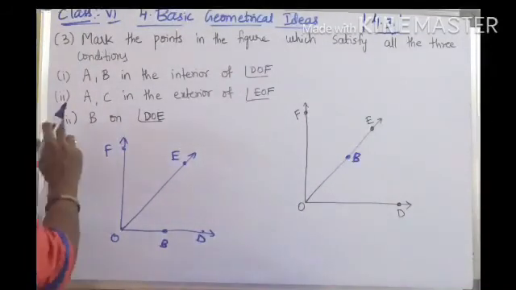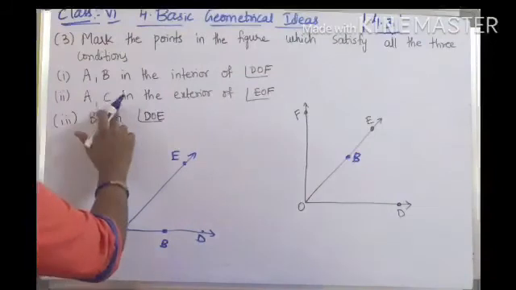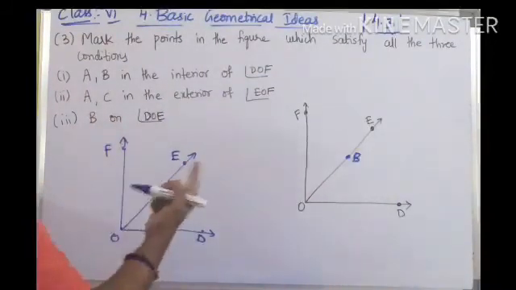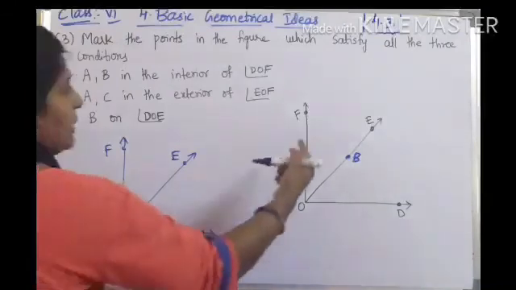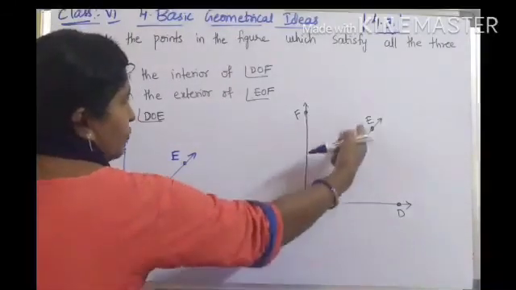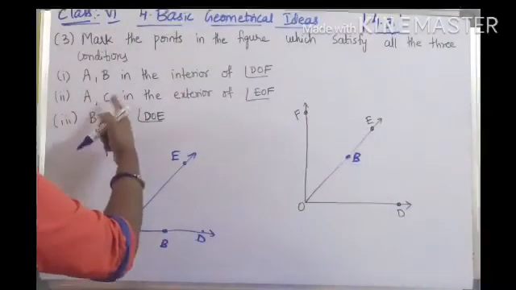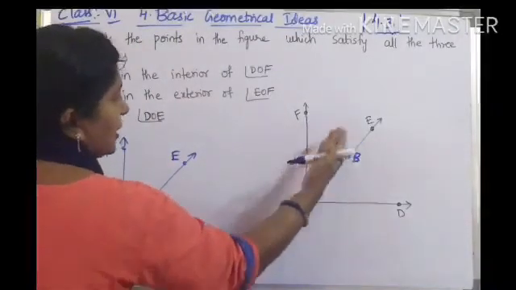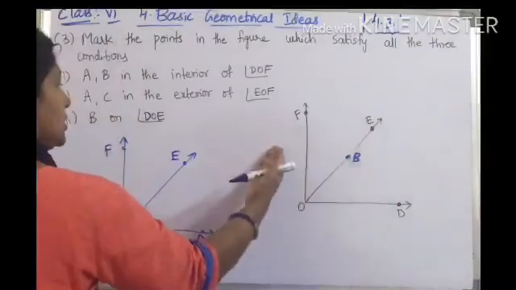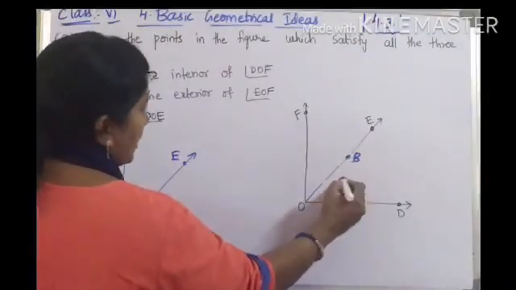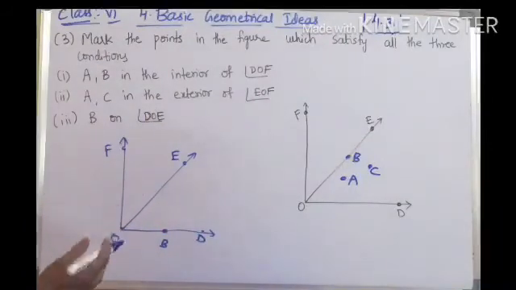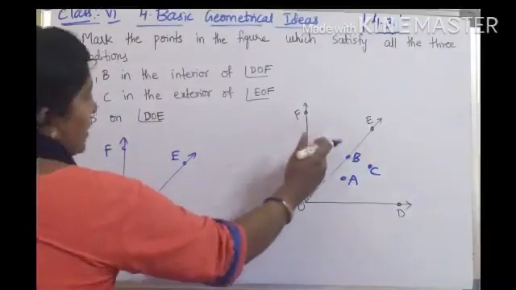Next, the second one: A and C in the exterior of EOF. Which angle is the exterior here? Here EOF is this angle. We should mark A and C in the exterior. Exterior means this is the interior part, either this or this. So in this particular figure I will mark A and C here, in the exterior of EOF.